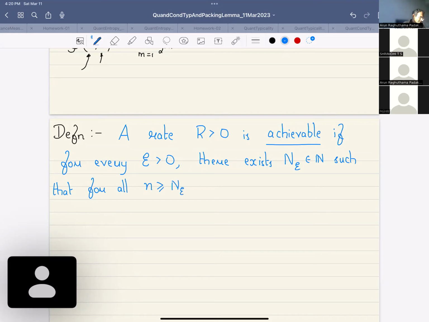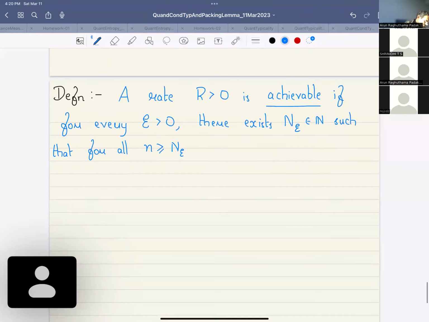So if I choose, instead of 45, I had gone to 450 or say 3 million, I could have got my probability of error down to 0. That's what I mean.